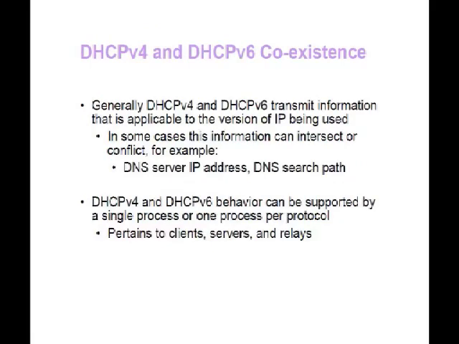Okay, so DHCPv4 and v6 coexistence. We're at a place now where we're all on the same page: V4, V6, different protocols, different ports. How do we live in a world where they're coexisting with one another, right? Actually, this NANOG network is a perfect example.